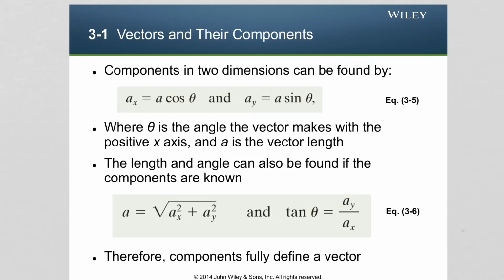Then the x component of that vector, and that's the magnitude, will be equal to the magnitude of the vector itself times cosine of the angle theta, which is the angle that the vector makes with the positive x-axis. And then the y component is equal to the magnitude of the vector a times sine of the angle that the vector makes with the positive x-axis.